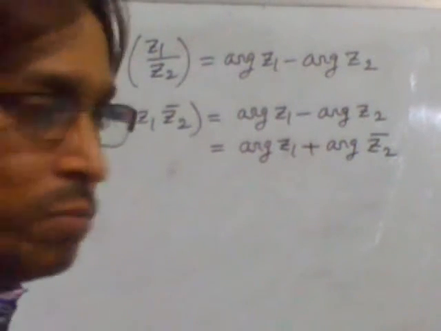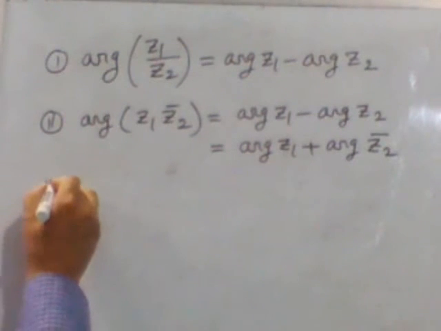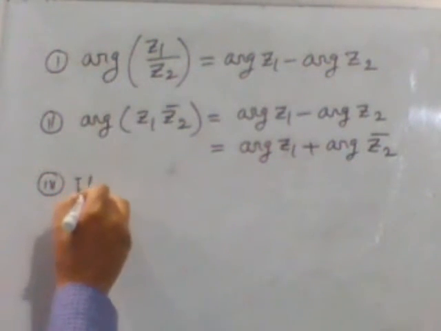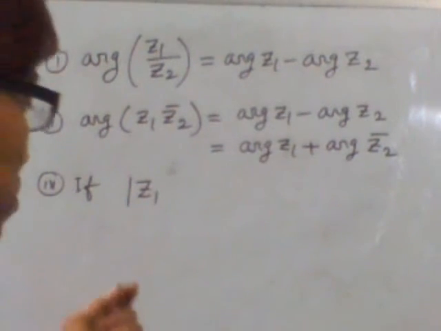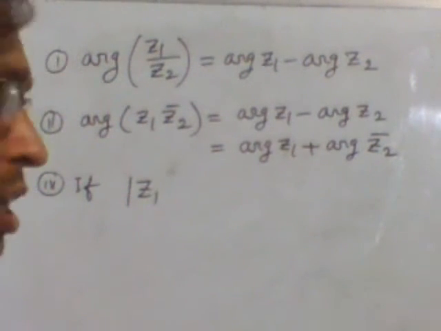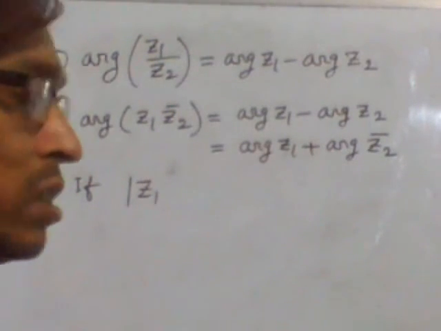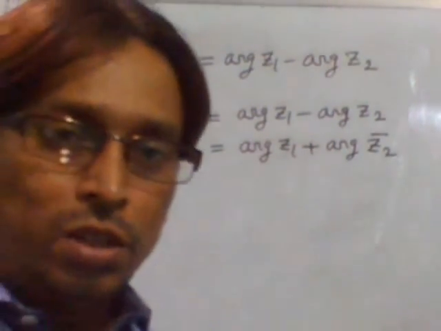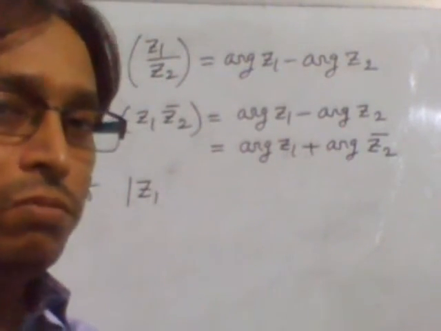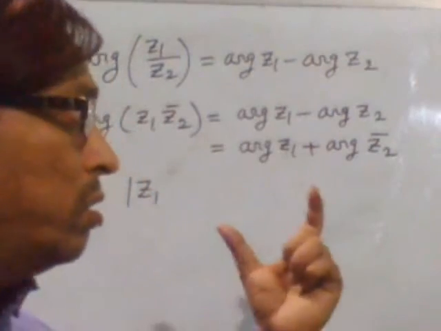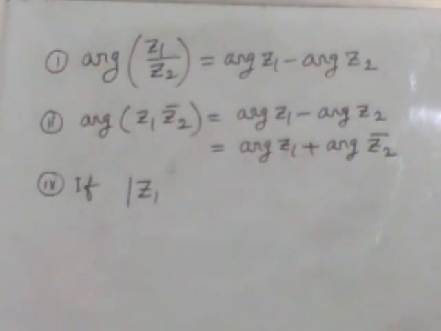This is another property, and the next property is like this: if... How these properties come will be well understood if we understand vectors. After this class I will discuss vectors. Vectors are very much required, in order to find the angle between two vectors in the complex plane. After this it will be much clearer.